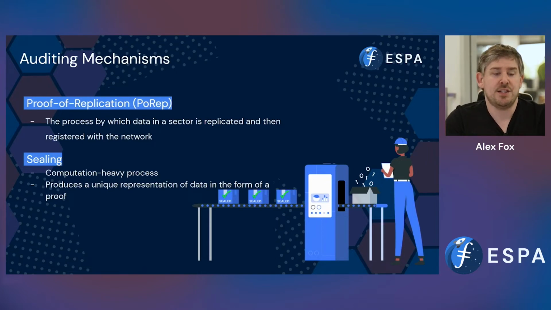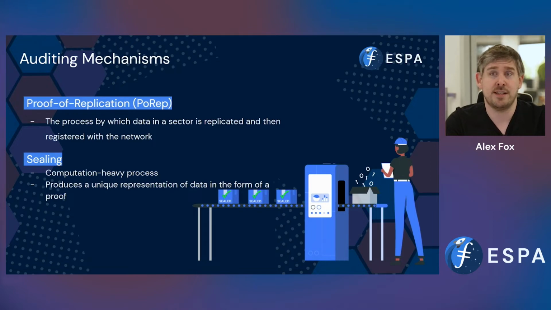When we initially receive the client data, we first have to put it through a one-time computationally intensive process called sealing. Sealing data encodes it into a form ready for the proving process. The first proof our system needs to generate for the data is called proof of replication.